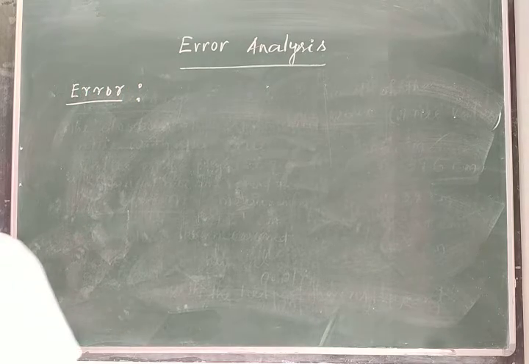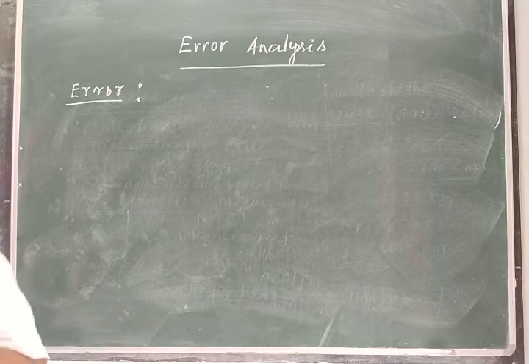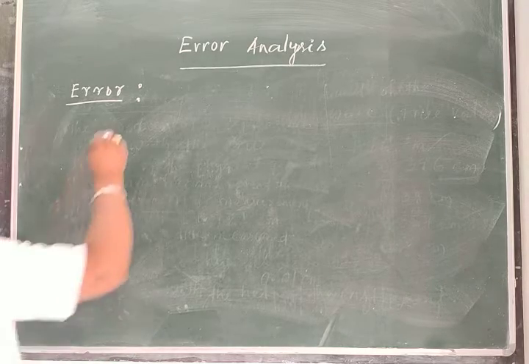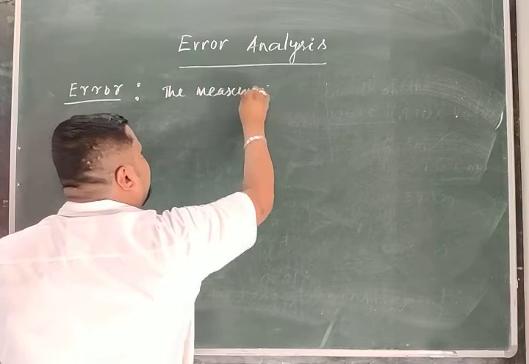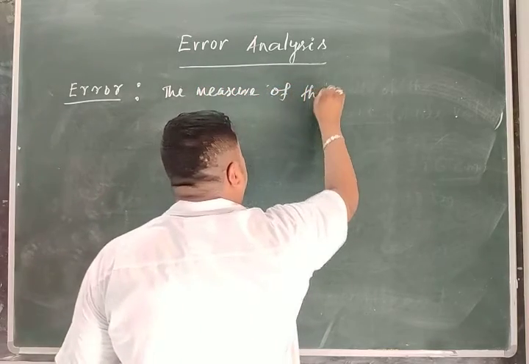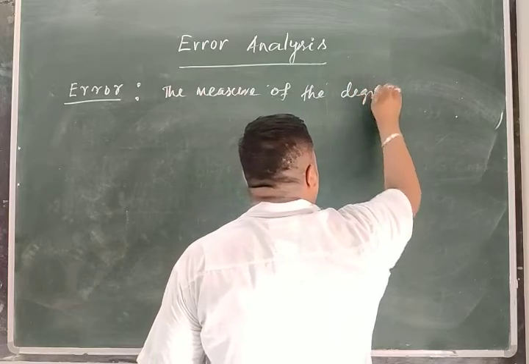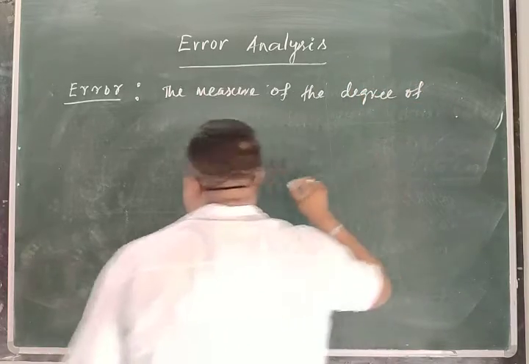Error means what? The measure of the degree of uncertainty.